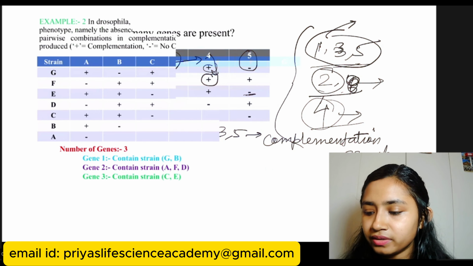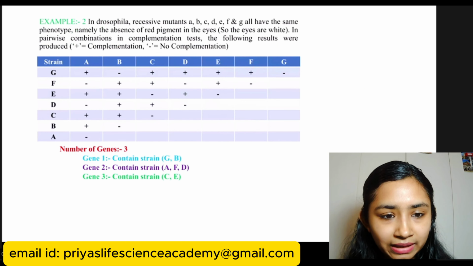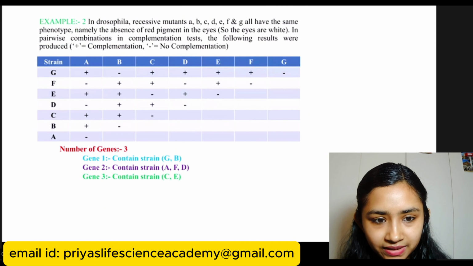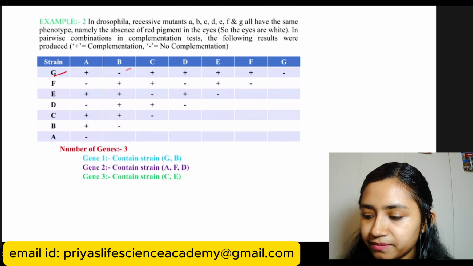Now coming to the next example. So here again you have to do it like that. So we have to see what is on the same chromosome. G with B minus, that means G and B are on the same chromosome. Then F with A on the same chromosome.